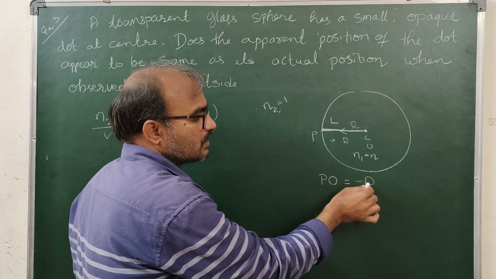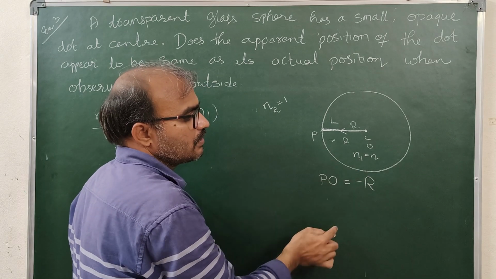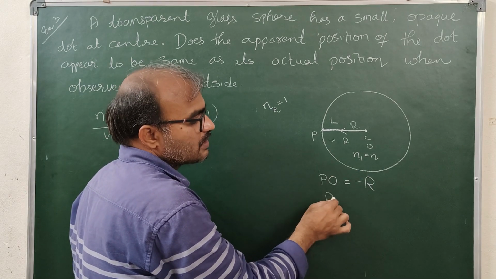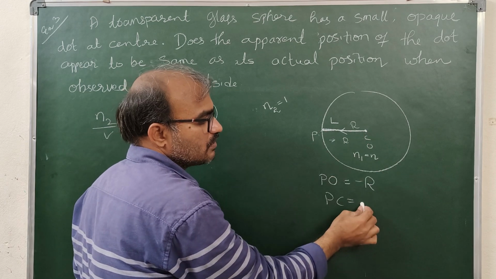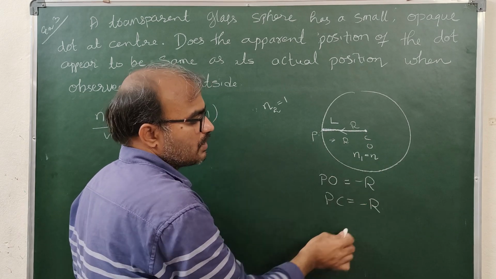Both are in opposite directions. So PO will be minus R. The radius of curvature PC will be the same, as PC and PO are the same. That is why PC is also minus R.